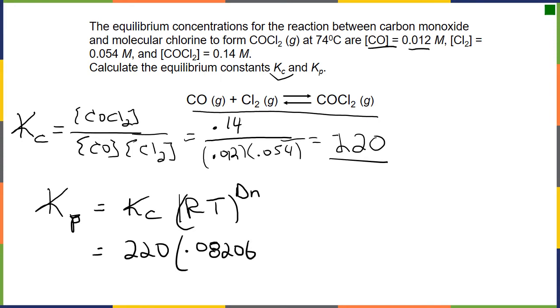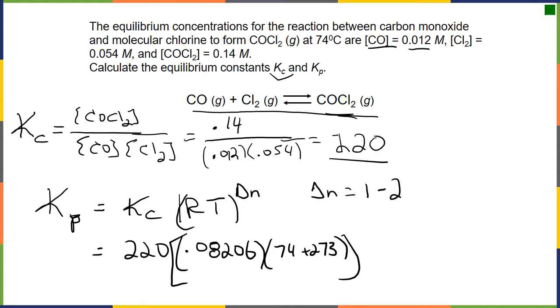The units would be liters atmospheres per mole Kelvin. We leave the units off, I know that's sloppy. Over the temperature in Kelvin, that's 74 plus 273. And it's going to be delta n, which is moles of the product, 1, minus moles of the reactant, 2. So this is going to equal negative 1. When we finish our math, K sub P is going to equal 7.7.